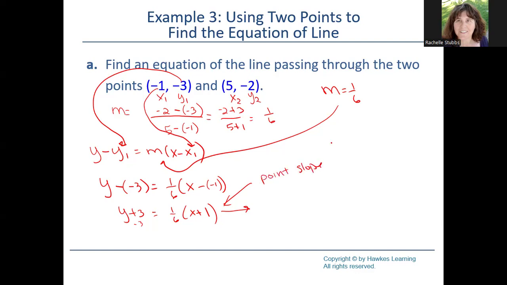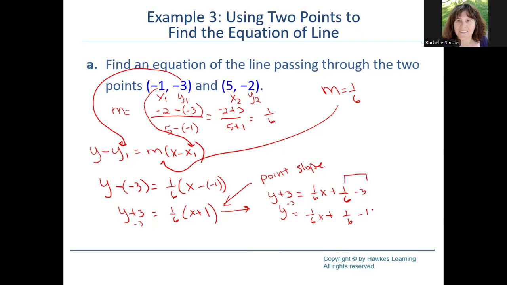And since it doesn't say which form, I could stop right there. But sometimes on the test, it's going to say, I want it in slope intercept form. So the next thing we'd have to do is distribute on the right-hand side. Then I'm going to subtract 3 from each side. Now it looks like to combine these two, I need to have a negative 3 in terms of 6.